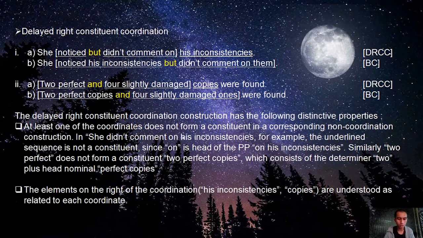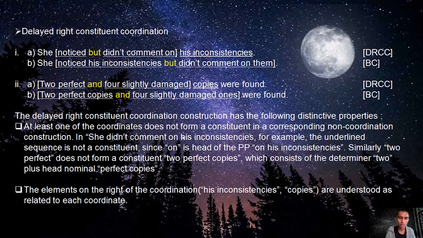The delayed right constituent coordination construction has the following properties. The first one, at least one of the coordinates does not form a constituent in the corresponding non-coordination construction. In "didn't comment on his inconsistencies", for example, the underlined sequence is not a constituent, since "on" is the head of the prepositional phrase "on his inconsistencies".